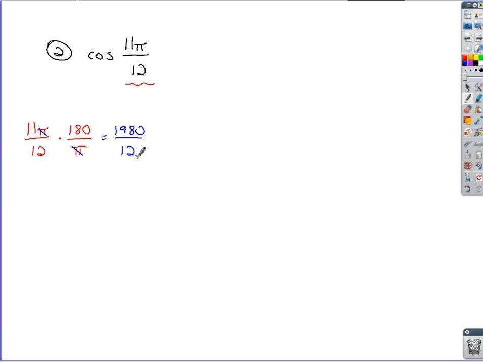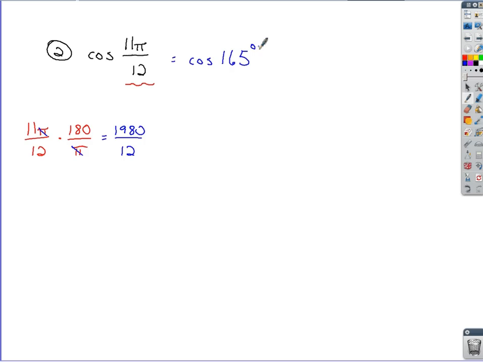If you divide that out, 11 pi over 12 becomes 165 degrees. So you can leave it in terms of radians. It will work. It's just a little easier to convert it over and make it a degree measure.